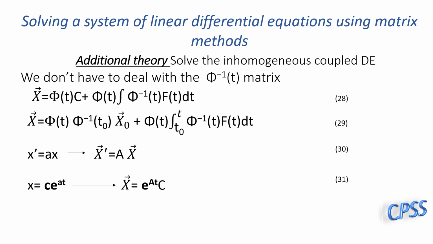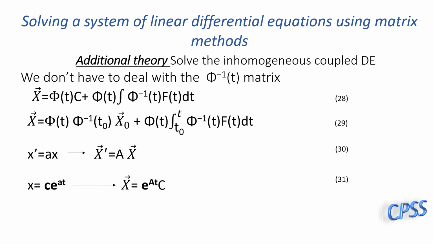Well, we do know in a scalar form in equation 30 that if you have a differential equation in scalar form, when you take the derivative of it, one solution of that equation is like equation 31, x equals c times e to the at. That's easy, scalar. But it also somewhat applies in matrix form, or column vector form.